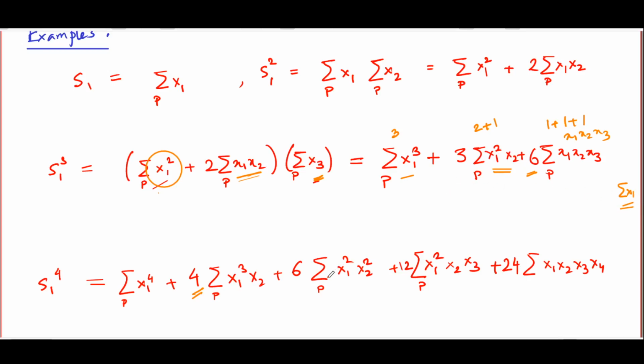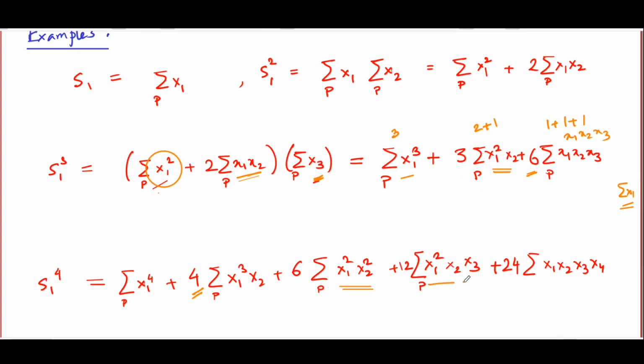So there are 2 different ways of arriving here that will give you a 6. In fact, this 2 is easy to understand. This final result that we have has x1 and x2 at exactly the same status. So whatever you will get using an x1 from this side, you will be able to get that also by using an x2 from this one. And that's why this 3 essentially gets doubled.